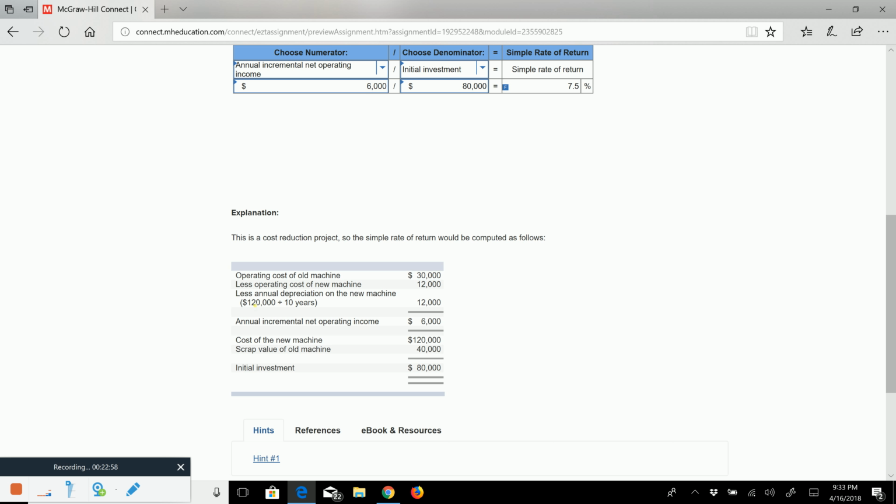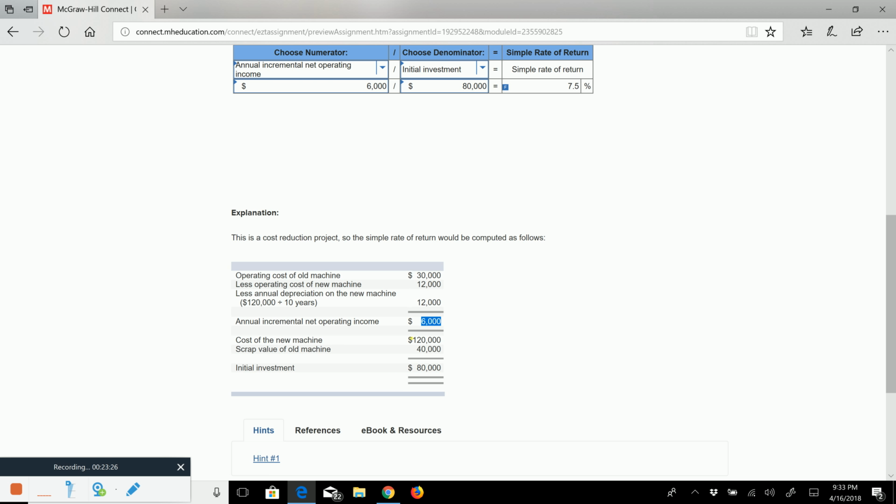Remember, if we buy this machine for $120,000 and it's got a 10-year useful life with no salvage value, we have to also consider, when we're calculating accounting income, depreciation. Even though this is a $12,000 non-cash expense, we still have to consider it. So the actual increase in the net income is not the full $18,000, but it's going to be $6,000.